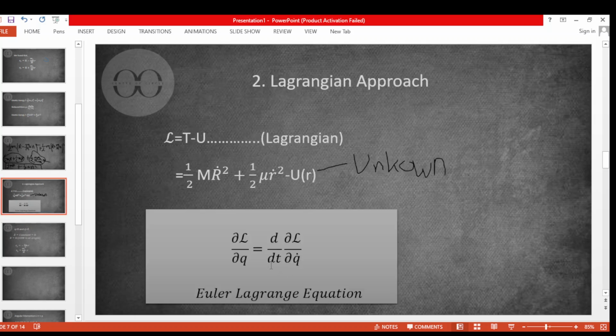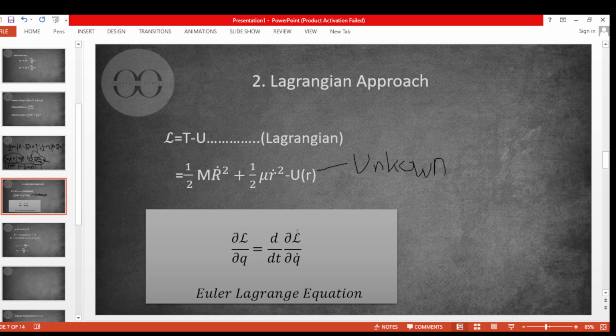So if we take the derivative of this Lagrangian with respect to capital R, it will give us 0, as there is no term that is a function of capital R. So the Lagrangian is independent of capital R. Thus the derivative with respect to capital R will be 0. That means this part is 0.